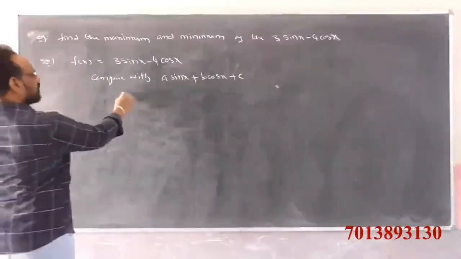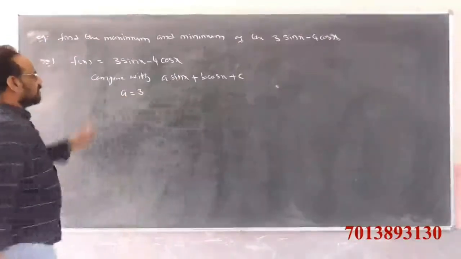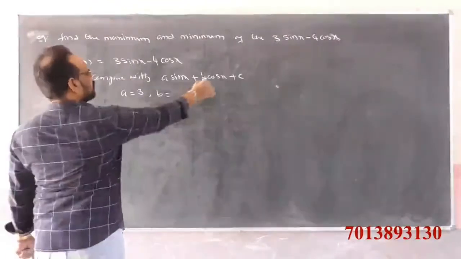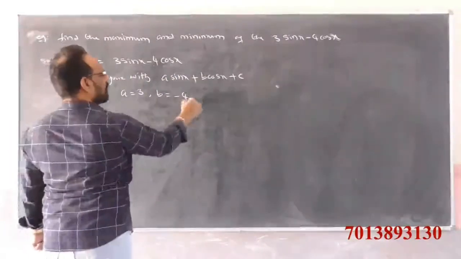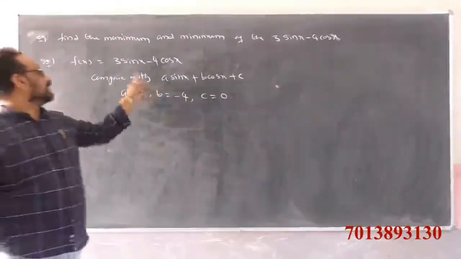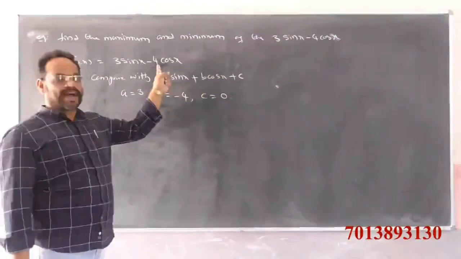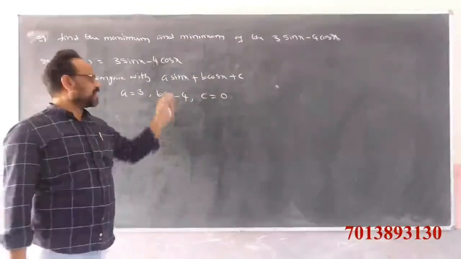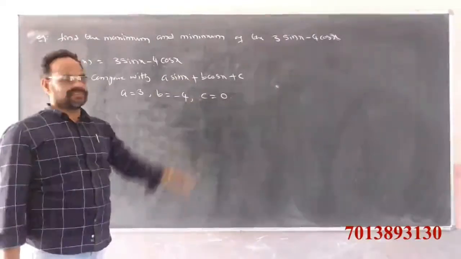What is the value of a? Clearly a is equal to 3, b is equal to minus 4, and c is equal to 0, since there is no constant term here.